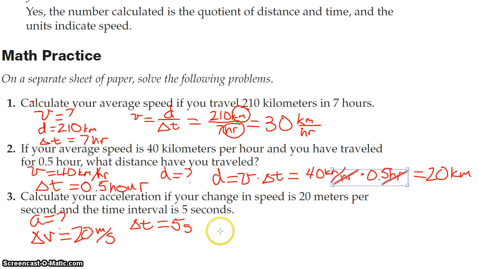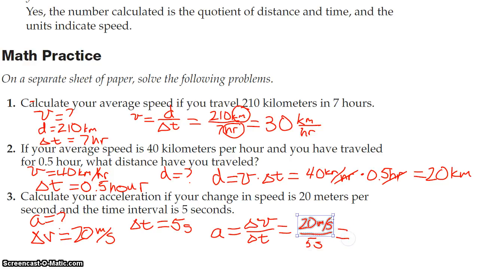So our equation is going to be acceleration is equal to change in velocity divided by change in time. Let's plug in. So this is 20 meters per second divided by 5 seconds.